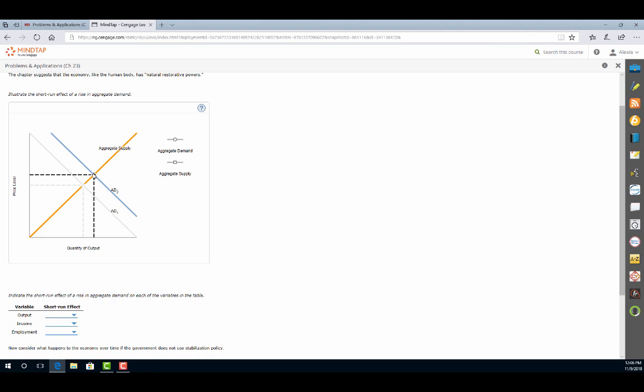So ultimately, over time, people will start requesting a higher wage. And so ultimately, it will cause our short-run aggregate supply curve to shift to the left, which will indicate that costs of production have actually now gone up. Why? Because people will now have higher nominal wages.